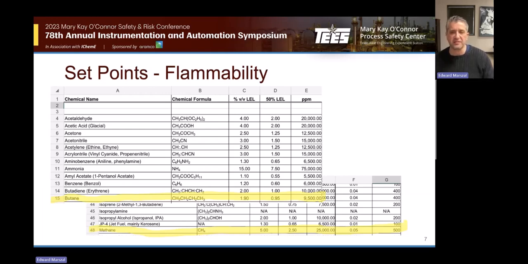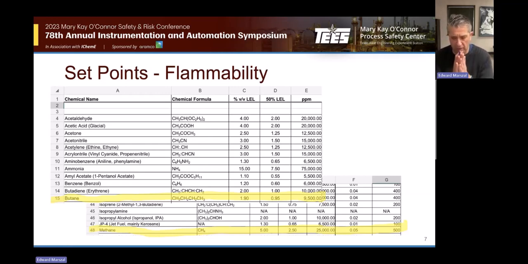And this information is what you're going to use to get data on the responsiveness of the component. So what you'll see first off is that the set points are going to be different.